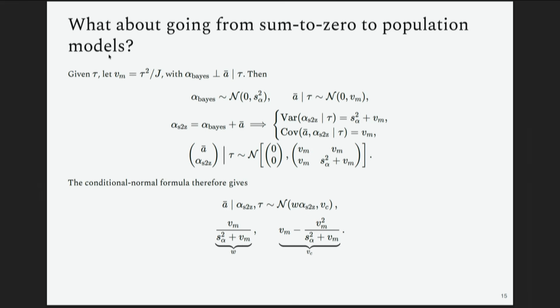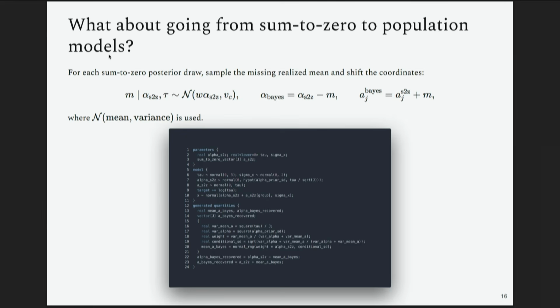It's conditional on the alpha sum to zero. So that's the population parameter from the sum to zero. And tau. And tau is the population standard deviation. And what you get from that conditional is that it follows this normal distribution. And we have W, alpha sum to zero, and BC. And then you'll see down below what those come out to be. And this is all properties from the normal distribution.